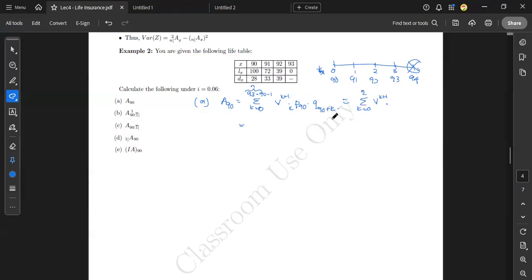And we know that the deferred death probability is the number of deaths in between these years divided by the number of survivors at the beginning of this reference year.